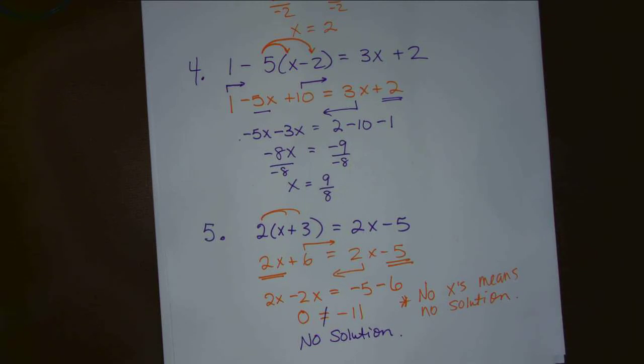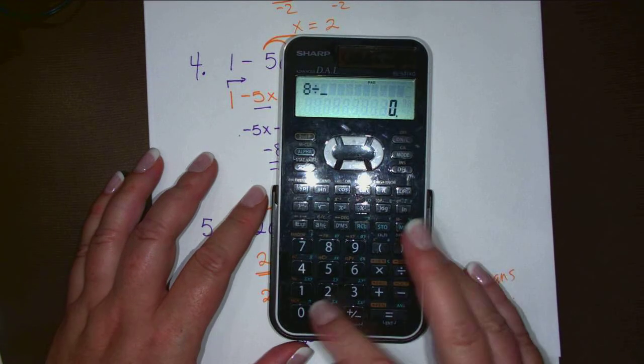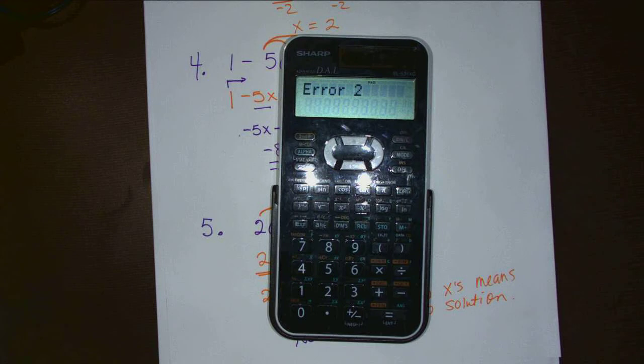So on your calculator, I don't know if you've ever typed something in that says error. Has that ever happened? So I wonder if I have a calculator here. Yes, I do. So if I type in something divided by 0, it says error. Okay, so 8 divided by 0. It says error 2. Did you ever notice that 2 there? That means undefined.